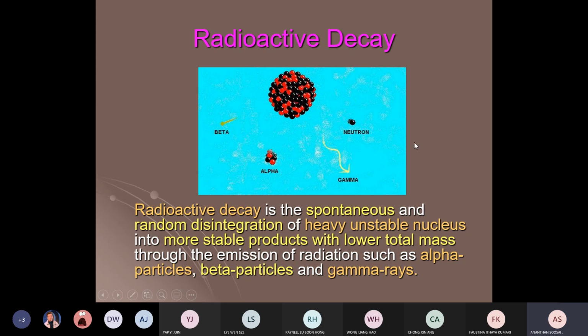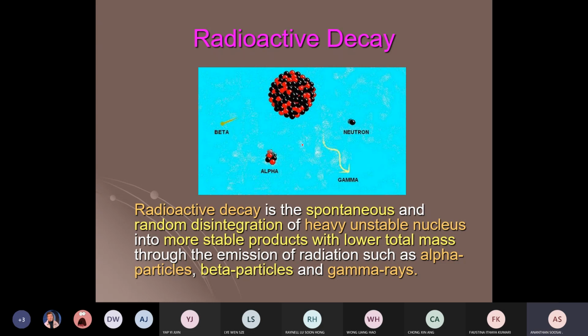Recall back: what is radioactivity? You learned in AS, right? It's a spontaneous and random process experienced by a heavy unstable nucleus turning into a more stable product by emitting energetic radiations.